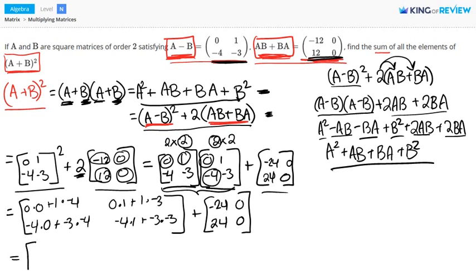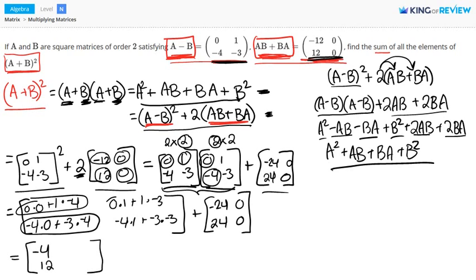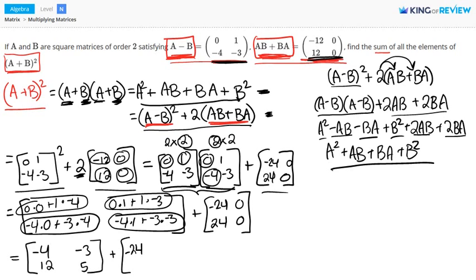The next thing we want to do is simplify the entries in this first matrix. 0 times 0 plus 1 times negative 4 gives us negative 4. Negative 4 times 0 plus negative 3 times negative 4 gives us 12. 0 times 1 plus 1 times negative 3 gives us negative 3. And negative 4 times 1 plus negative 3 times negative 3 gives us 5. So this is the product matrix here, and we're adding this matrix.